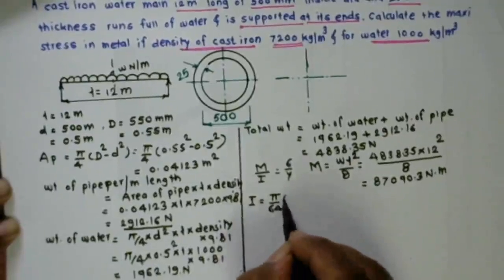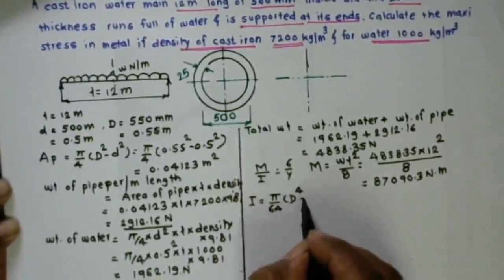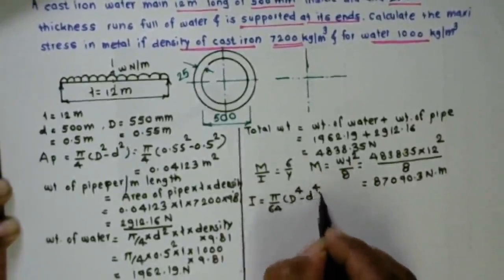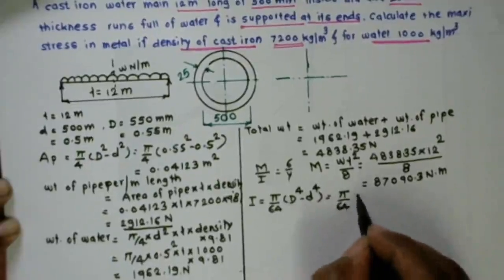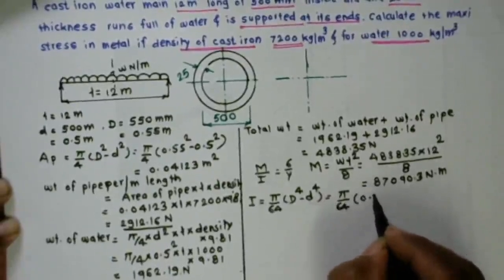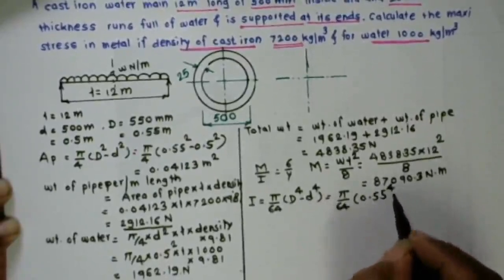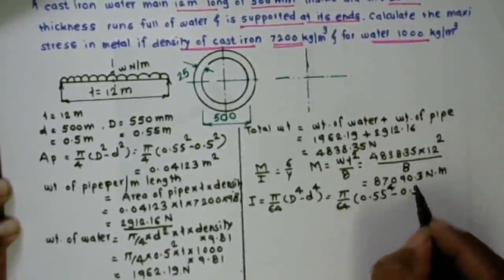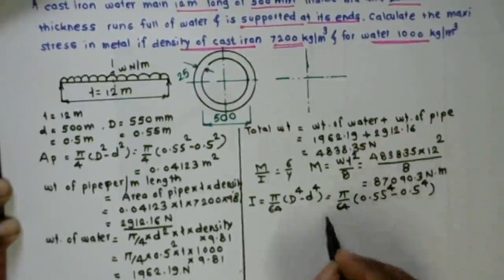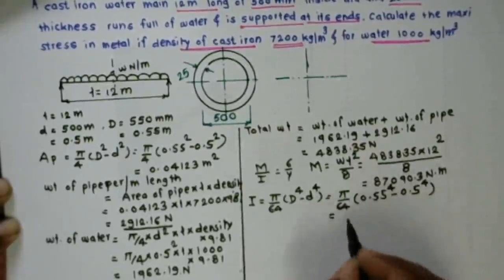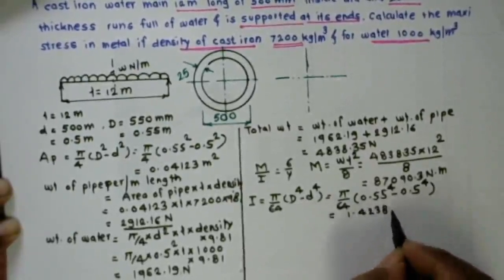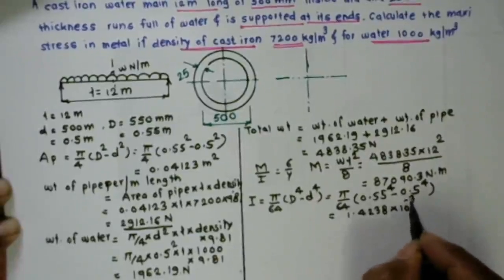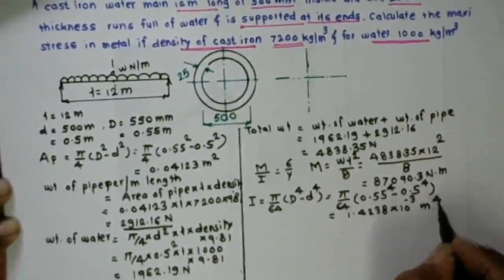Okay, now moment of inertia. It is a hollow section, so for that hollow section moment of inertia is pi by 64 (capital D raised to 4 minus small d raised to 4). So pi by 64, capital D means 0.55 raised to 4 minus inner diameter 0.5 raised to 4. Here you will get the moment of inertia of that hollow section about the neutral axis, in meter raised to 4.